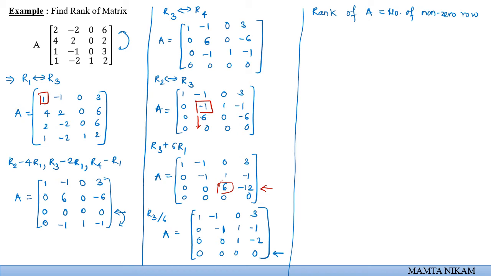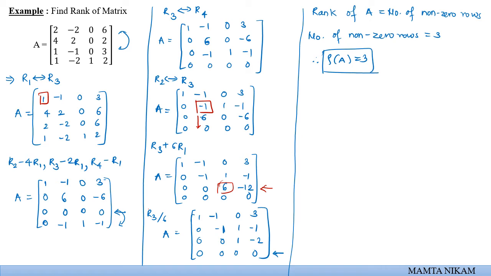And how many non-zero rows do we have? The number of non-zero rows is equal to 3, and therefore rank of A is equal to 3.